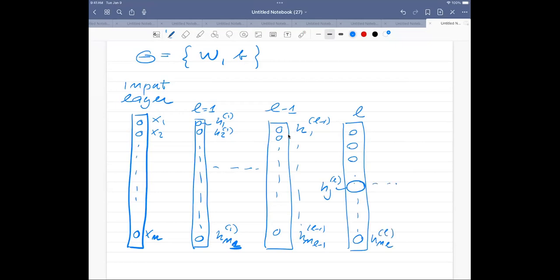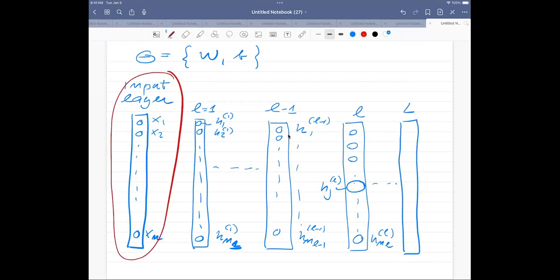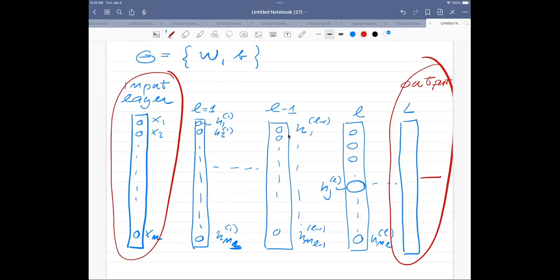And this continues till the output layer. And this is going to be the output layer. And this one produces an output.